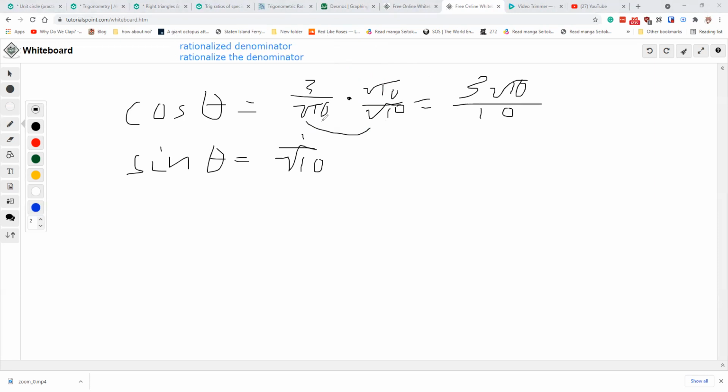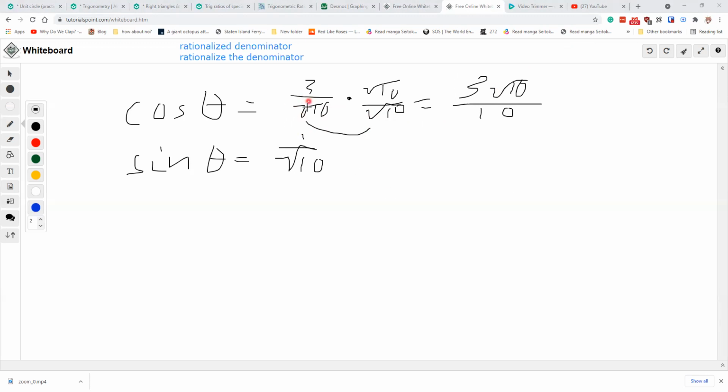Nowadays, because we have more advanced calculators, we don't need to worry too much about rationalizing the denominator, especially because sometimes it's easier to work with fractions when they're written like this. But to remember old tradition, and also because a lot of people are just used to it, we often rationalize the denominator anyway.